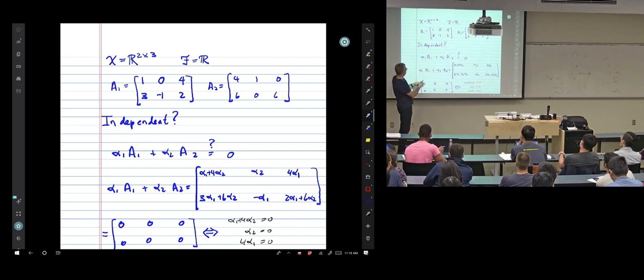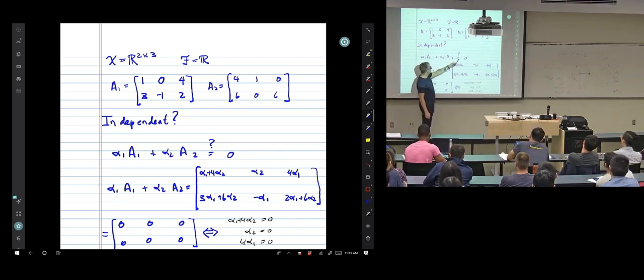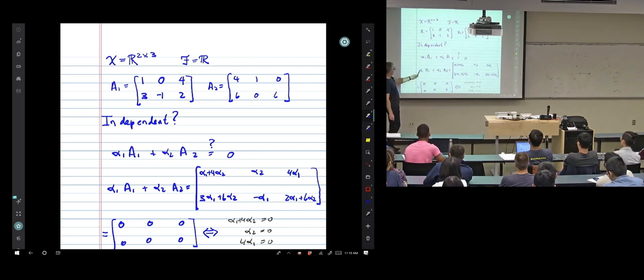So I do the same thing. I write down an arbitrary linear combination and I ask myself, how can I form the 0 vector? So I write down what is the 0 vector. I write down the linear combination.